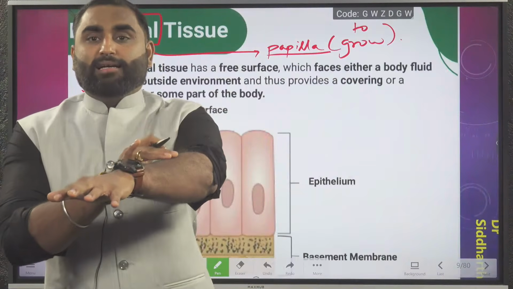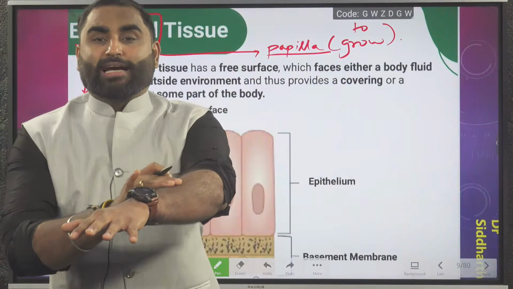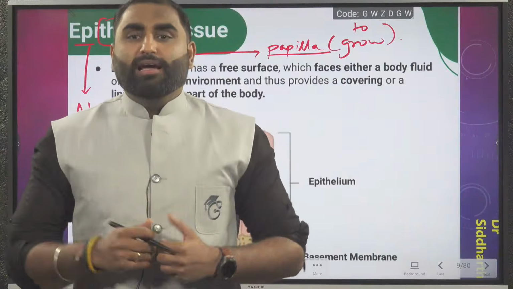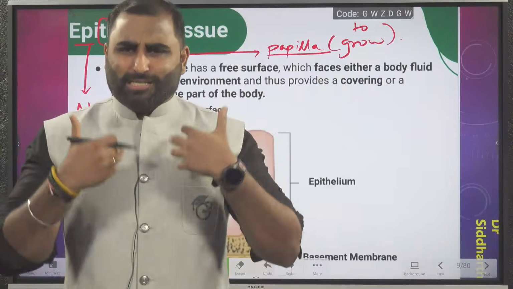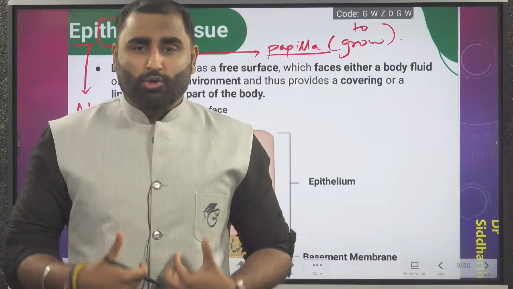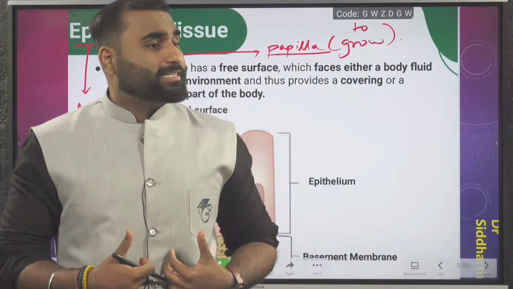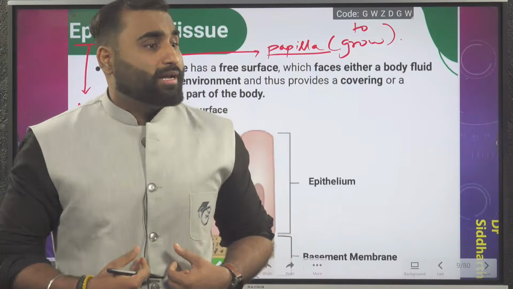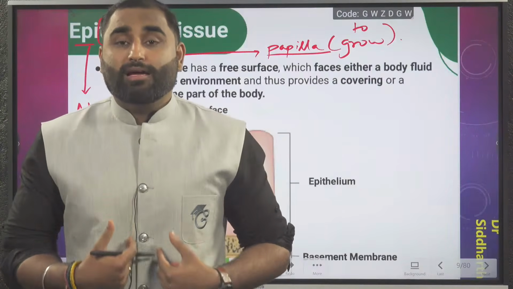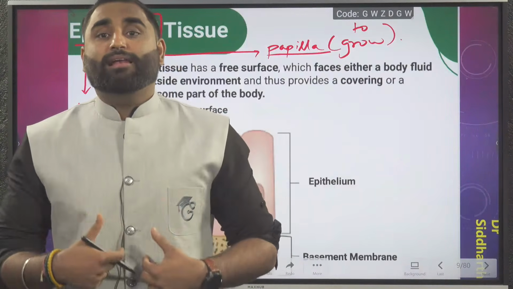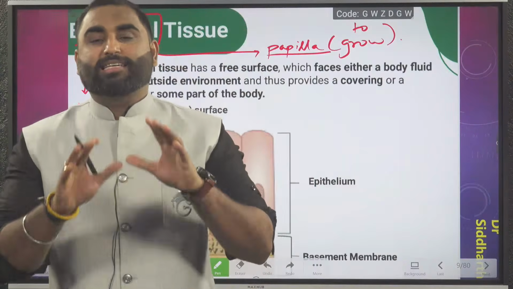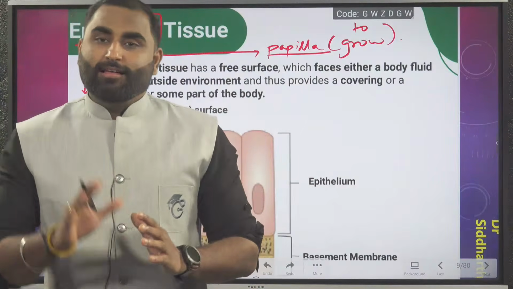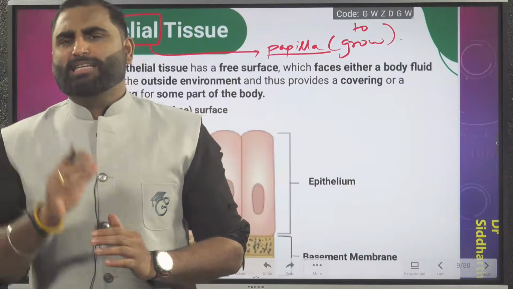So the epithelial tissue is forming a lining, a protective covering. Similarly, inside your digestive system, alimentary canal, reproductive system, excretory system, respiratory system, the lining is again epithelial tissue. So outside lining and inside lining, everywhere the epithelial tissue is present.